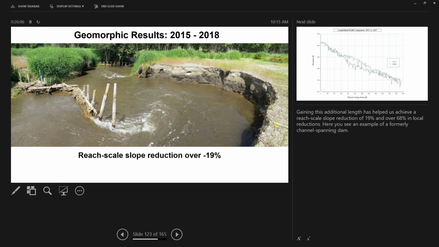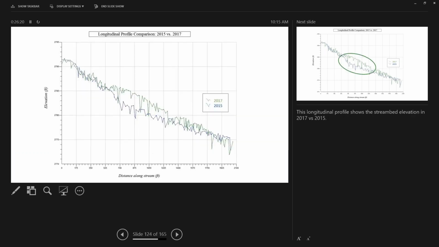We've had a reach scale flow production of over 19%. So as that channel gets longer, the slope gets less and less. And that's part of our goal in trying to bring the stream bed up and restore this meadow system.